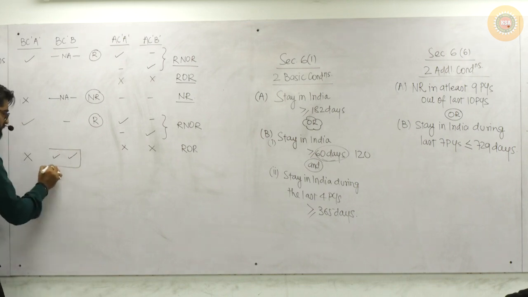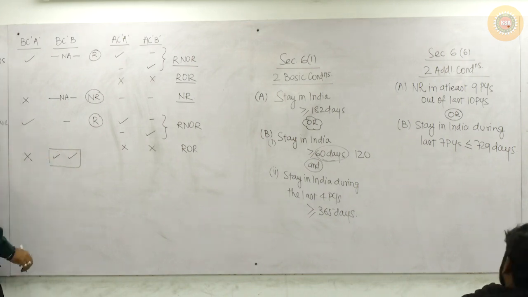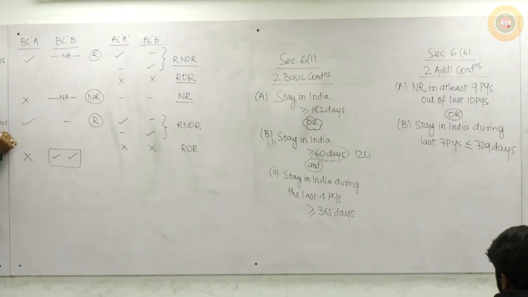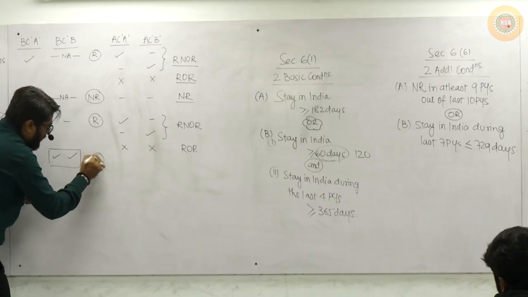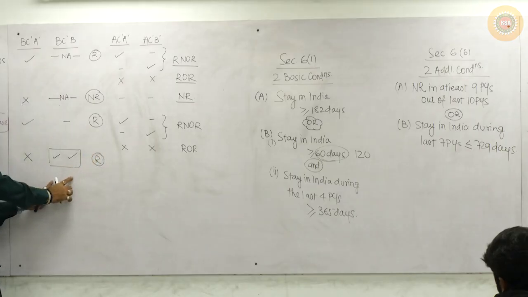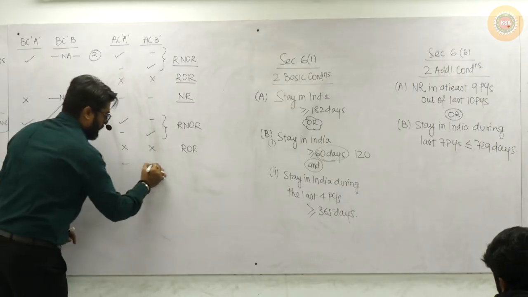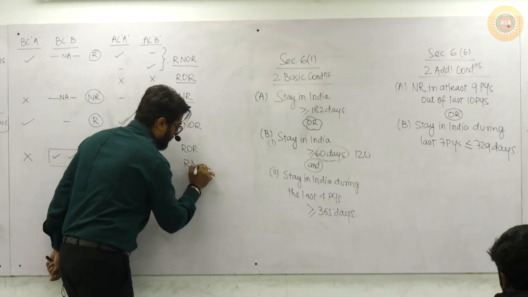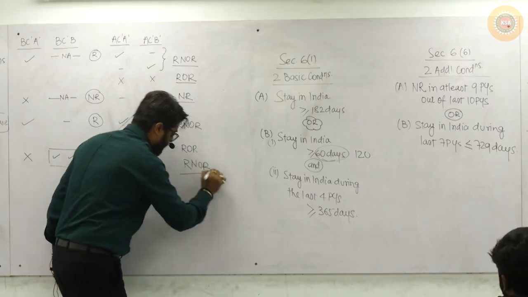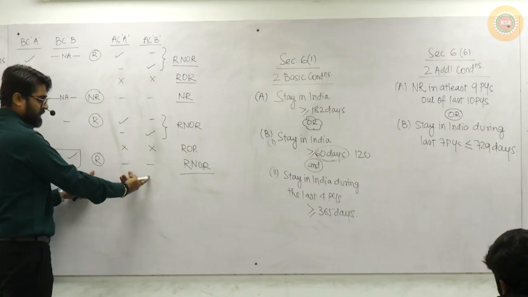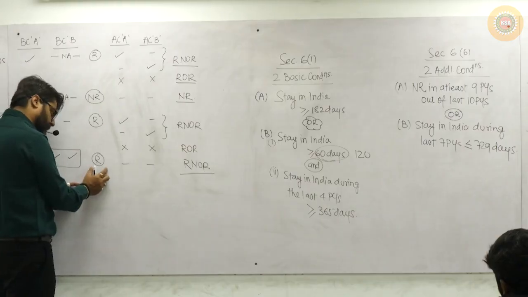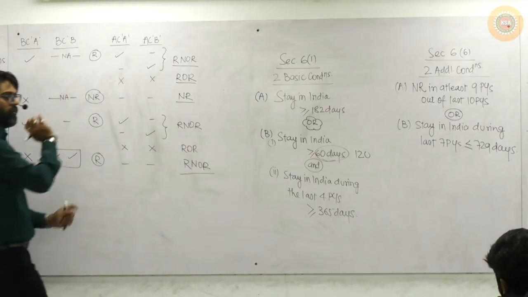Is the basic condition B fulfilled? So under the special case, if you have become a resident by satisfying the special basic condition B, no need to check additional conditions, directly become RNOR. This type of resident will not be required to further check additional conditions. This type of resident will be treated as RNOR by default.